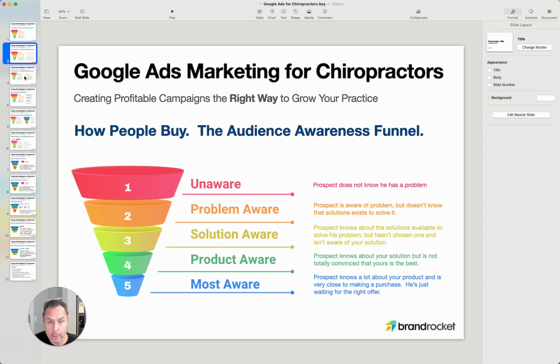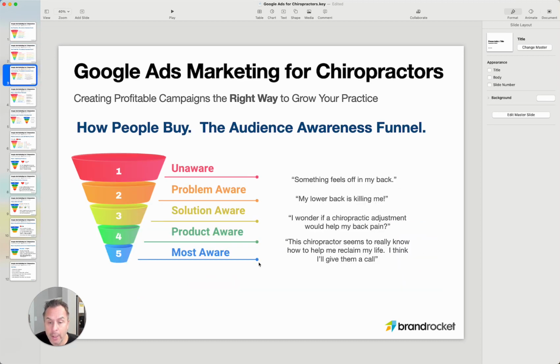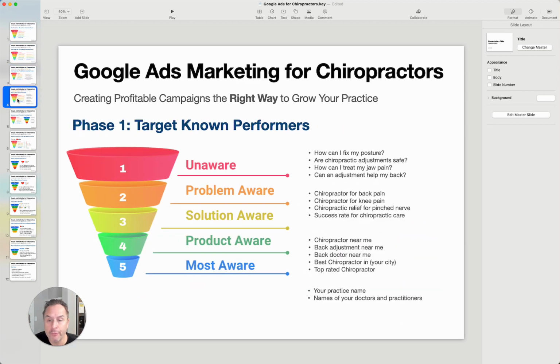Okay. So there are different awareness levels. When we're talking about Google Ads in chiropractic, a lot of times we are focused at the very bottom of the funnel. So we're talking about down here, right? Chiropractor near me, back adjustments near me, keywords like that. So what we're trying to do is visualize our keywords. We want to start at the bottom of the funnel with high commercial intent keywords to get those conversions into the account as quickly as possible. Again, the goal is 30 to 50 conversions per month.